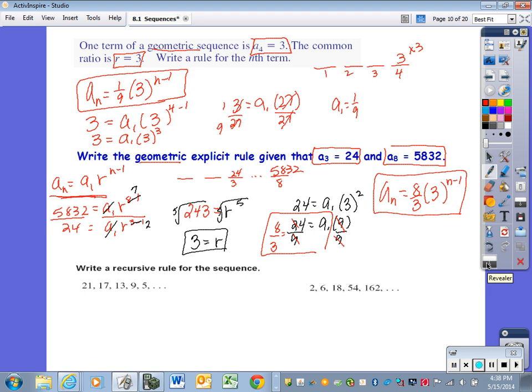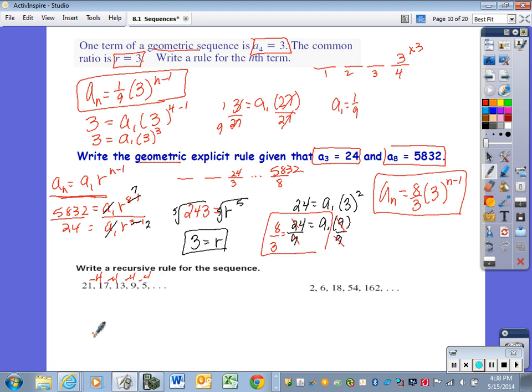Let's write a few more recursive rules. What are you doing from term to term to term? 21 to 17 to 13 to 9 to 5. Subtracting 4. Subtracting 4, subtracting 4, subtracting 4.